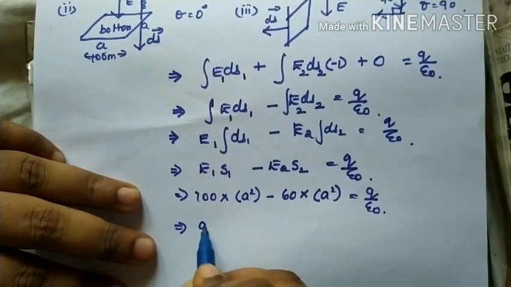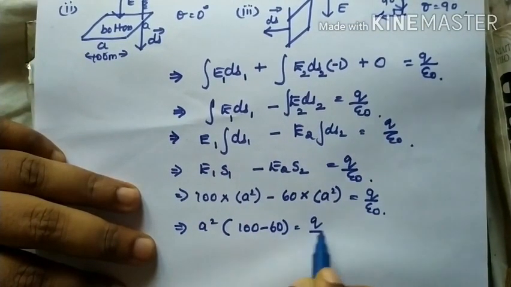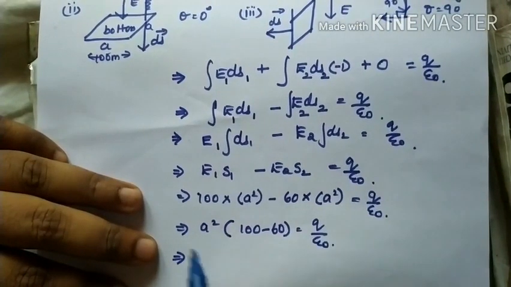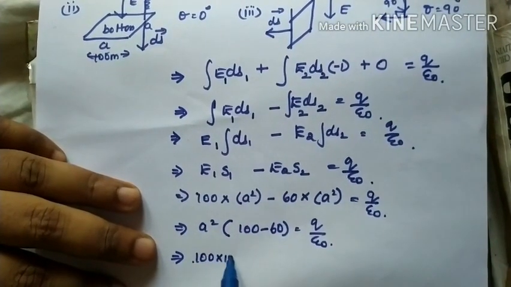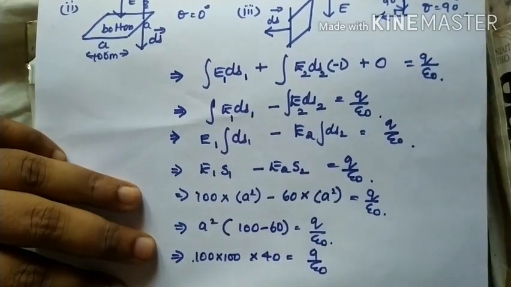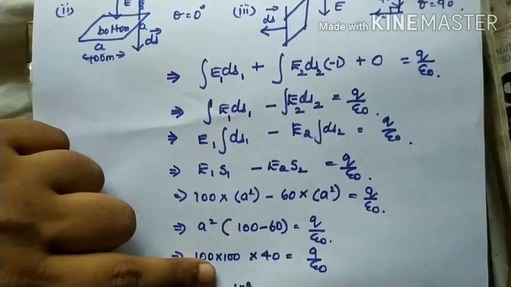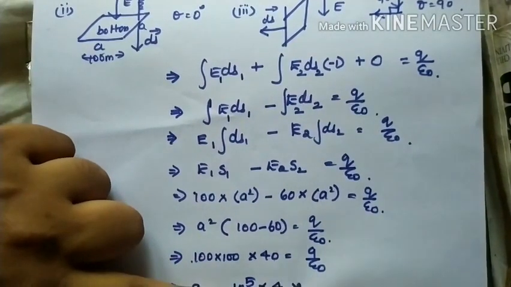Now what happens? A squared is common. 100 minus 60 is equal to Q by epsilon naught. A squared is 100 into 100, into 40, is equal to Q by epsilon naught. Or I can write Q is equal to 10 to the power 5 into 4 into epsilon naught.